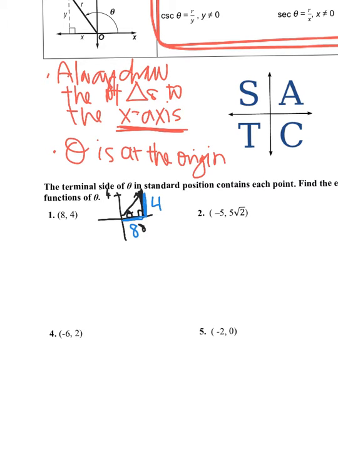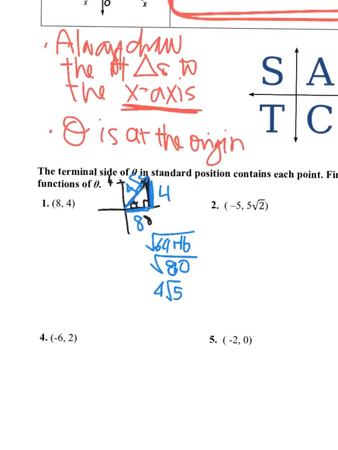So we do some Pythagorean theorem to get our hypotenuse. So the square root of 64 plus 16 gets me the square root of 80, and that simplifies to 4 rad 5. So then this right here is 4 rad 5.